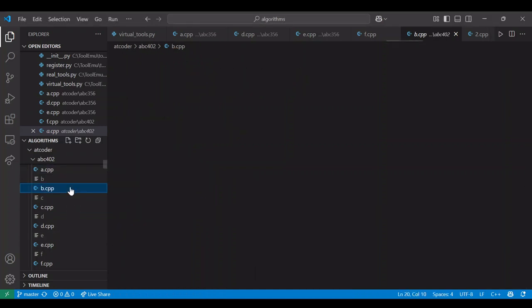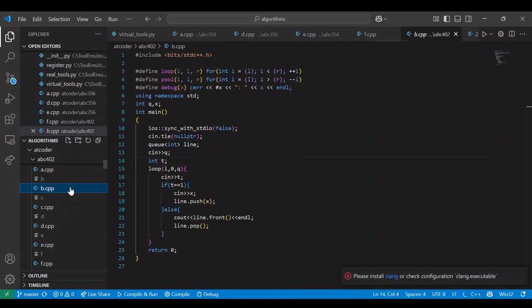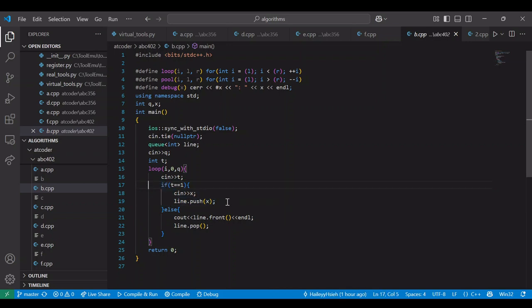For this part, we have the queue here called line, and for each query, if it's a type 1 query, we input the number x and push it into the queue, since this means that one person joined the waiting line, and so our queue will have one more number.